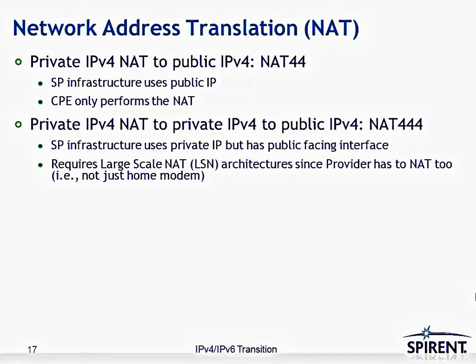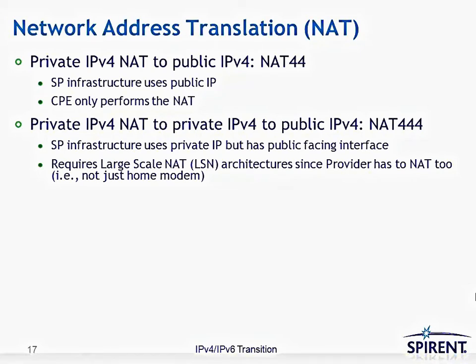More recently, we've used private IP version 4 NAT at the CPE to private IP version 4 translation on the service provider's backbone. Finally, somewhere at the edge of the service provider, translate that to a public IP version 4 address. So there you have two actual NATs going on, private to public, or NAT444.